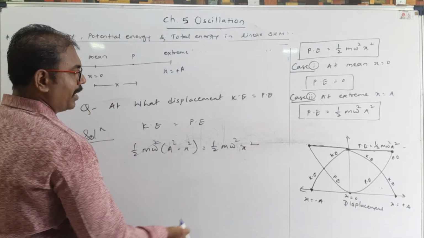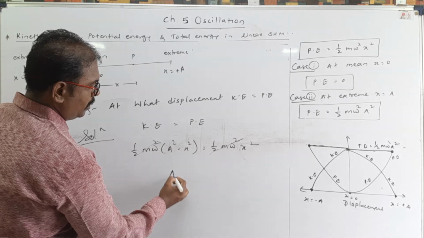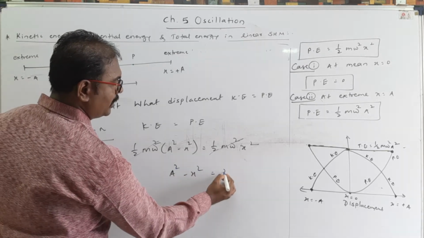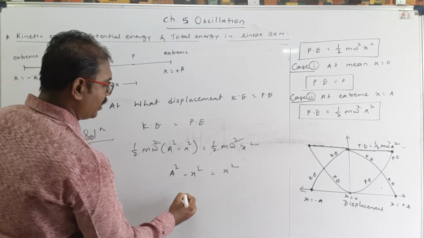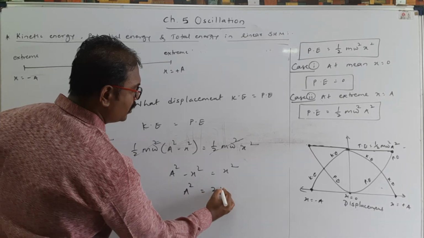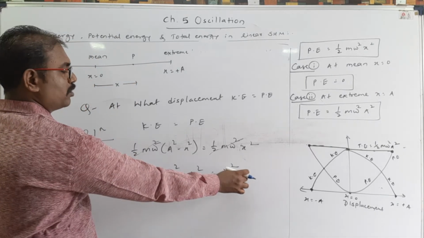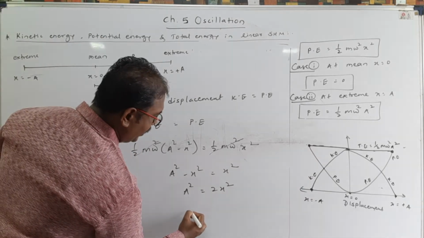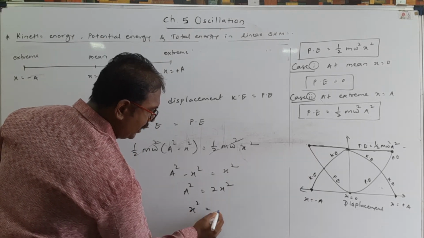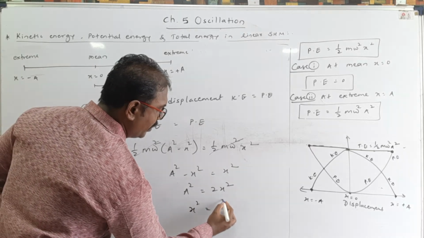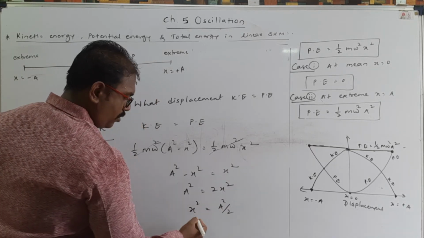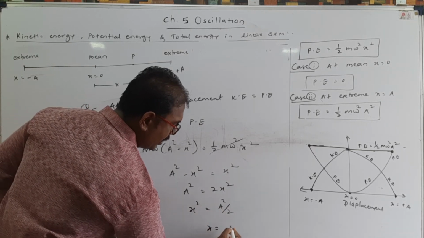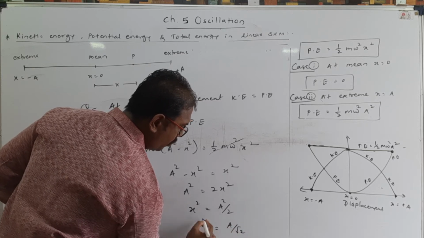Then this m ω² gets cancelled. So a² − x² is equal to x². This −x² we can shift to that side. a² is 2x², then x² plus x², 2x². Then I can write x² is equal to, shifting 2 to this side, a²/2. So x I can write a by root 2.